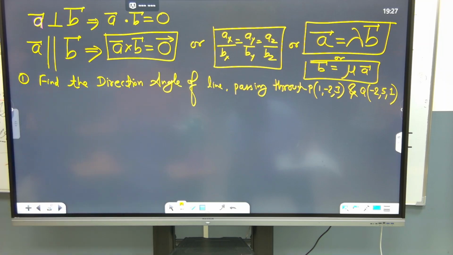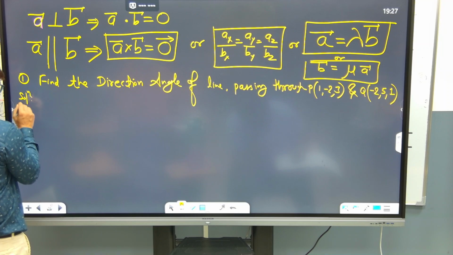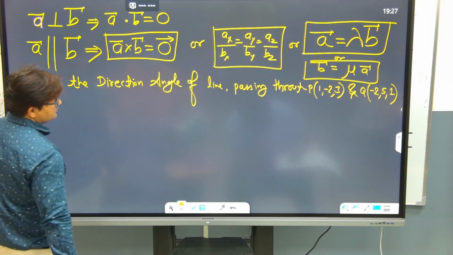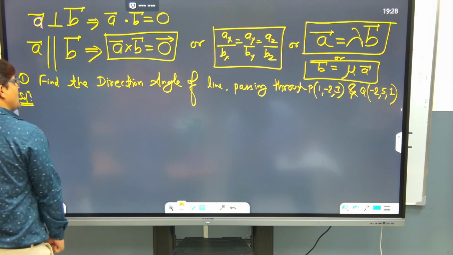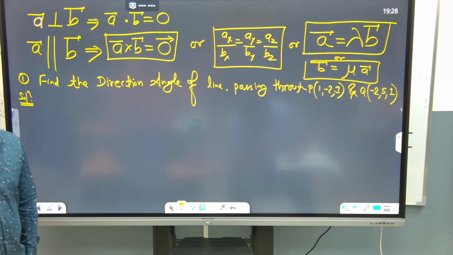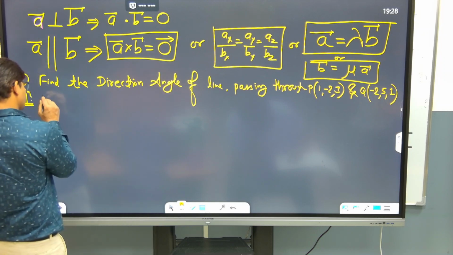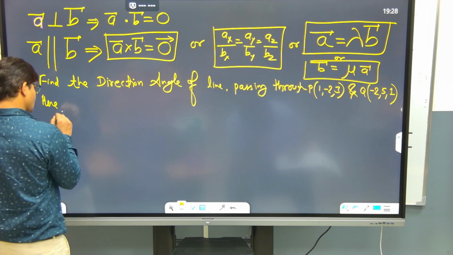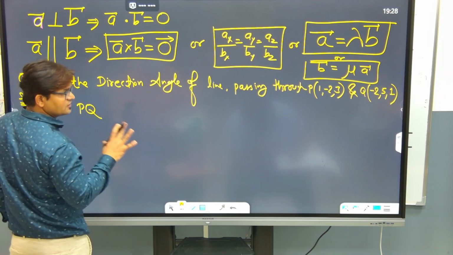Now first find the line. For this solution, either we can start from the PQ vector or we can start from the direction ratio. Either we can write PQ vector or QP vector.